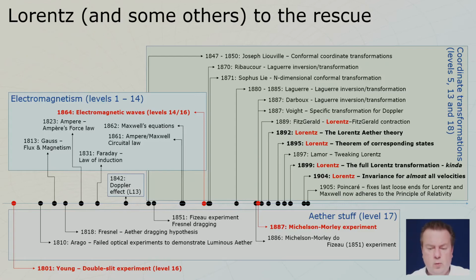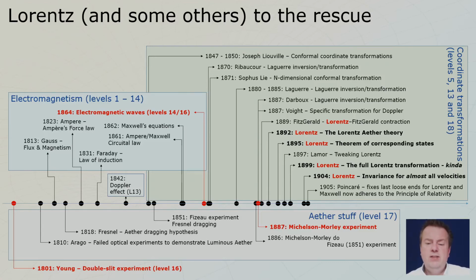Then Woldemar Voigt, what he did was he added the thing that waves kept waves if you switch perspective. So now we have balls keep being balls, or spheres are still spheres, planes are still planes, waves are still waves. Then Fitzgerald and Lorentz come up with something called contraction, which I will deal with in level 27, so I'm going to skip it for now.